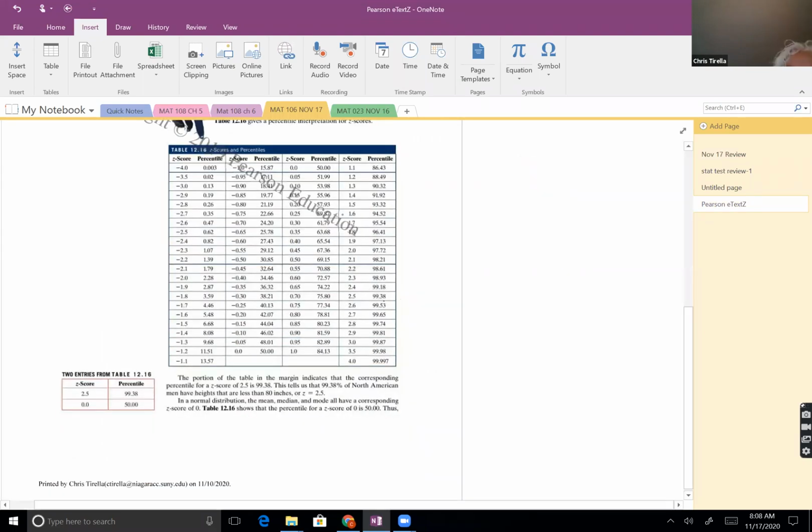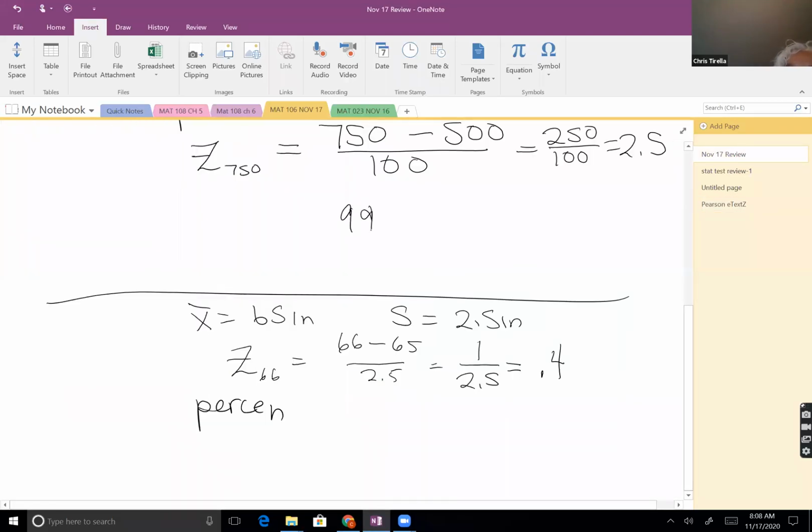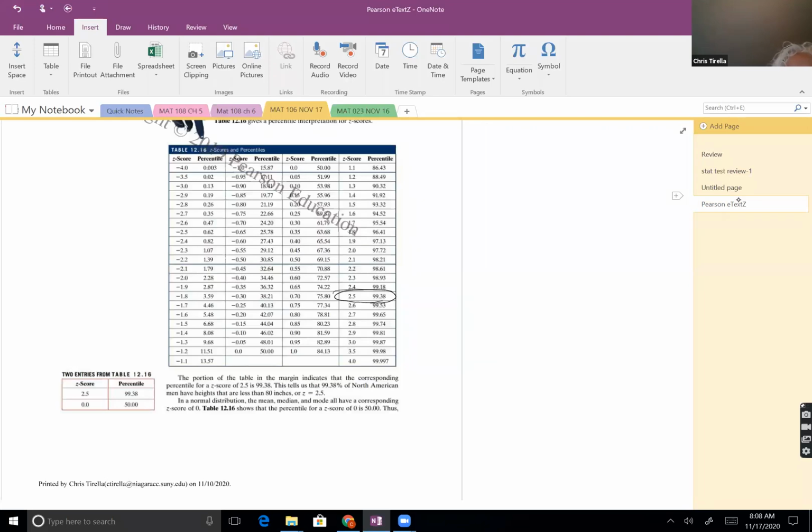A Z-score of 2.5 would correspond to the 99.38 percentile. As opposed to yours, with a Z-score of 0.4. 0.40 corresponds to the 65.54 percentile.